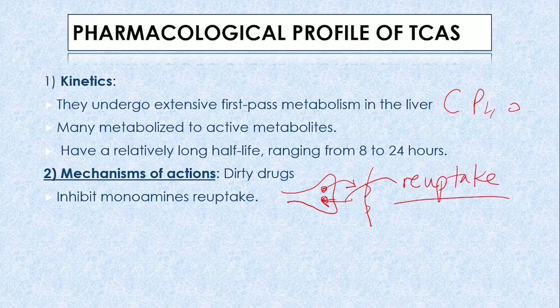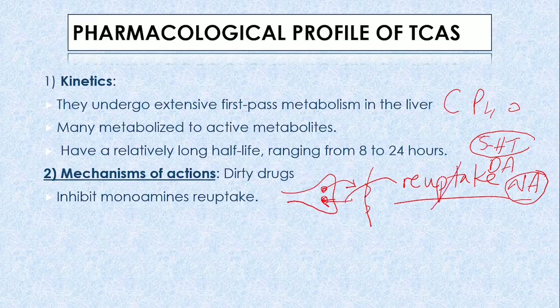This is how their action is terminated, by reuptake into the nerve terminal. The monoamines include 5-hydroxytryptamine, dopamine, adrenaline and noradrenaline. 5-HT and noradrenaline are responsible for the antidepressant effect.